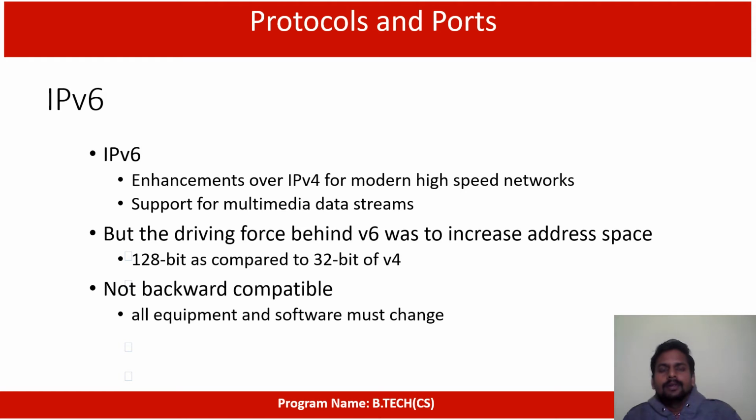It has 5 different classes: class A, class B, class C, class D, class E. From those you have to use only the first three classes, not D and E, because class A, class B, class C are the user classes. In those classes also you cannot use all the IP addresses, because we have some private IP ranges in these three classes. Within those private IP ranges only, you can pick an IP address and assign it.